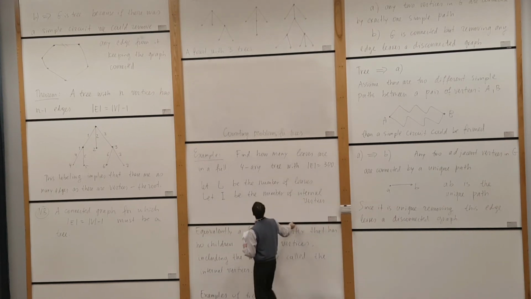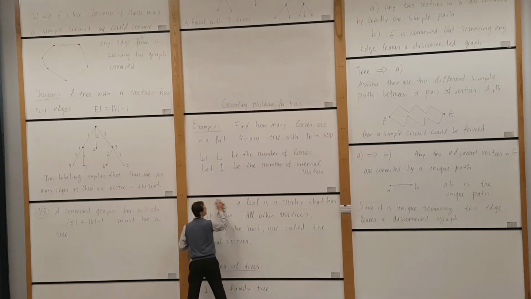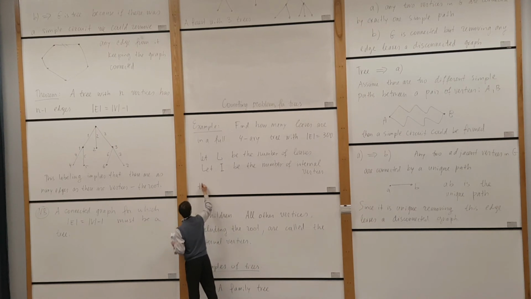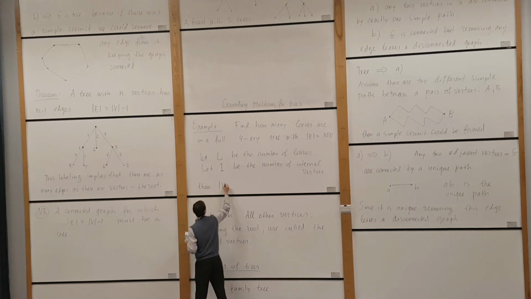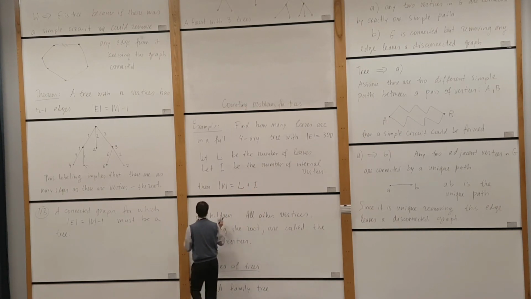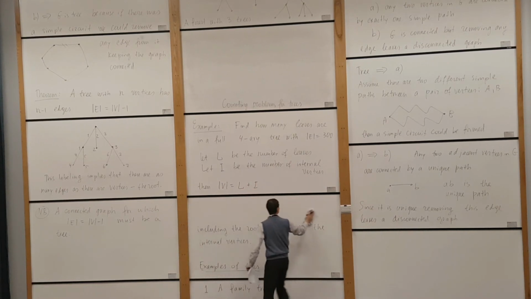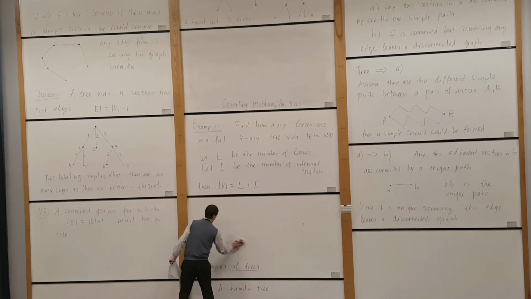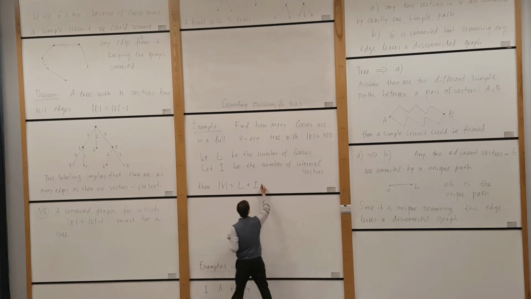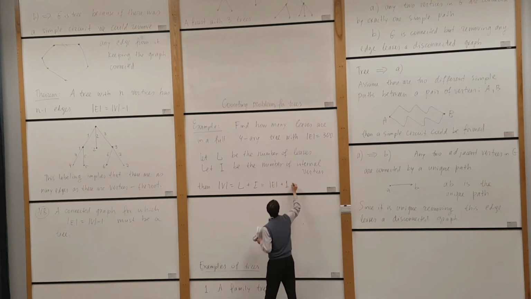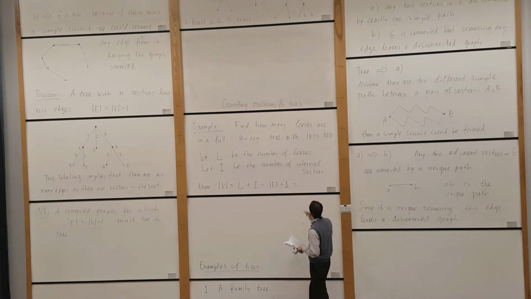Well then, the total number of vertices is L plus I. Right? And since we have a tree, the total number of vertices must be the number of edges plus 1. And we're told that there are 300 edges, so the total number of vertices is 301.